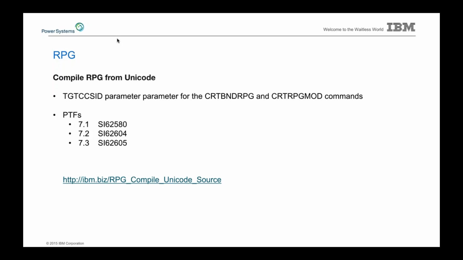Now, why is storing your source code in Unicode something you might even care about? Well, as we move towards storing source code in things like the IFS or other modern file systems, Unicode is the primary CCSID that's used in those.